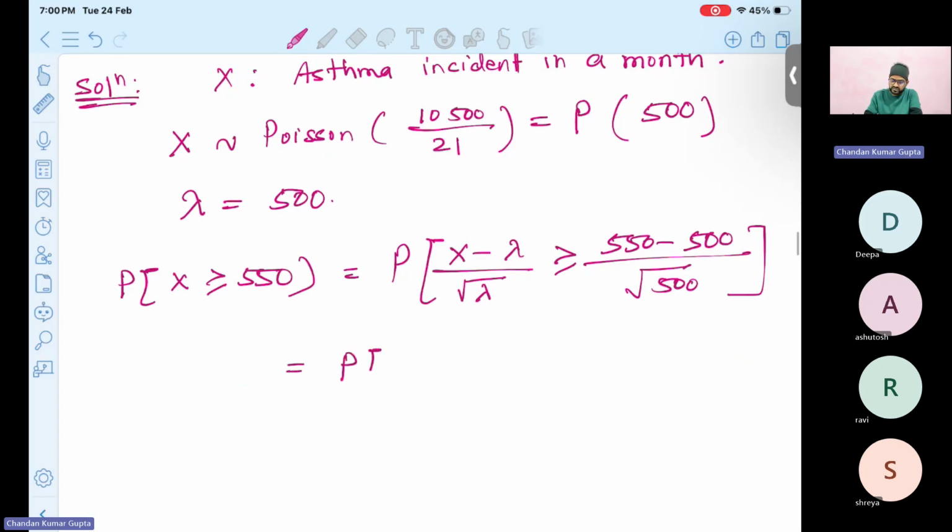Now let's write it as Z, because the standardized random variable is usually denoted as Z. Z is greater than or equal to 50 divided by the square root of 500, which comes out to be 22.36 up to 2 decimal places.